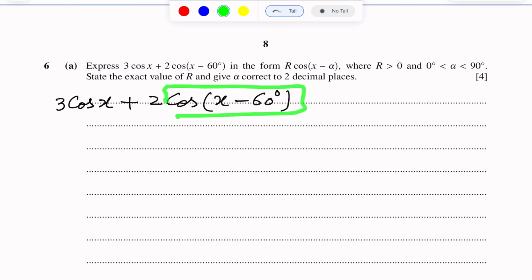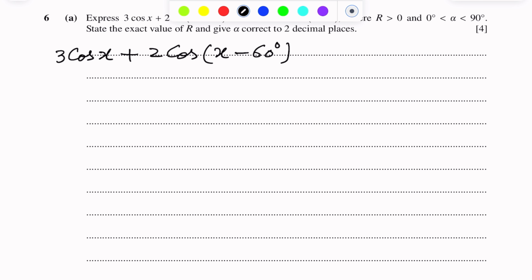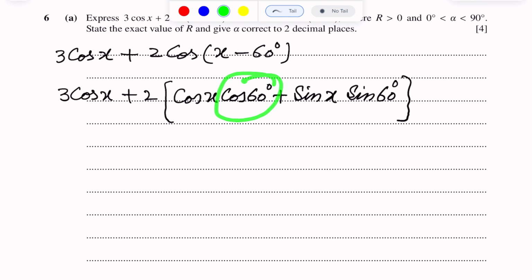Expansion of this will be by using the important formula. We are expanding this: 3 cos x plus 2. Now we are expanding this. We get cos x cos 60 degrees plus sin x sin 60 degrees. Now we will put the value of cos 60 degrees and sin 60 degrees.